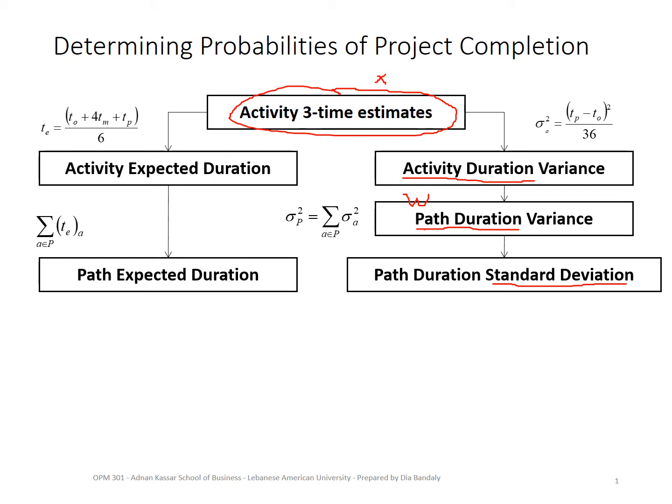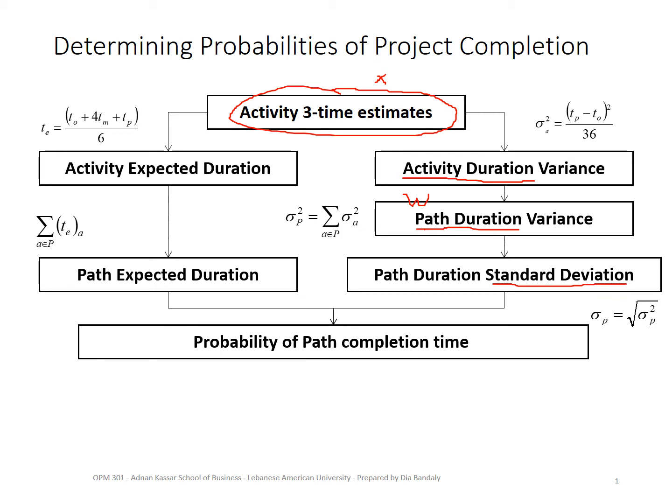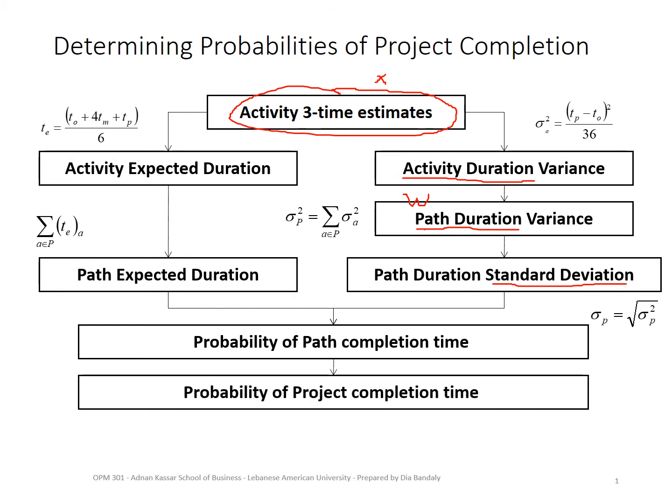Now, with these two pieces of information for my variable W, which is my path duration, its expected value and its standard deviation, I can answer a question like: what is the probability that the path duration will be within a certain time? Doing this will allow me to make a probability statement about the project completion time.